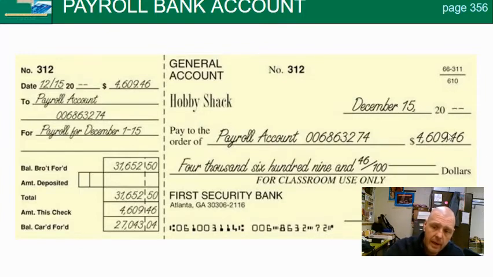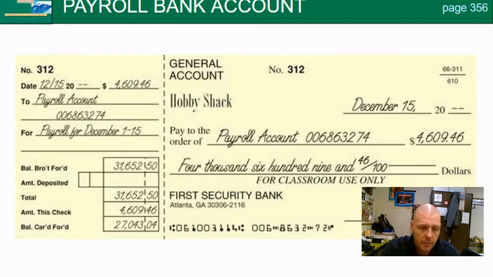So I have to write out one check to pay all of my employees who come work for me, for $4,600. And when we jump forward to Chapter 13 next week and we start looking at journalizing these transactions, we have to come up with more money to pay our employees.